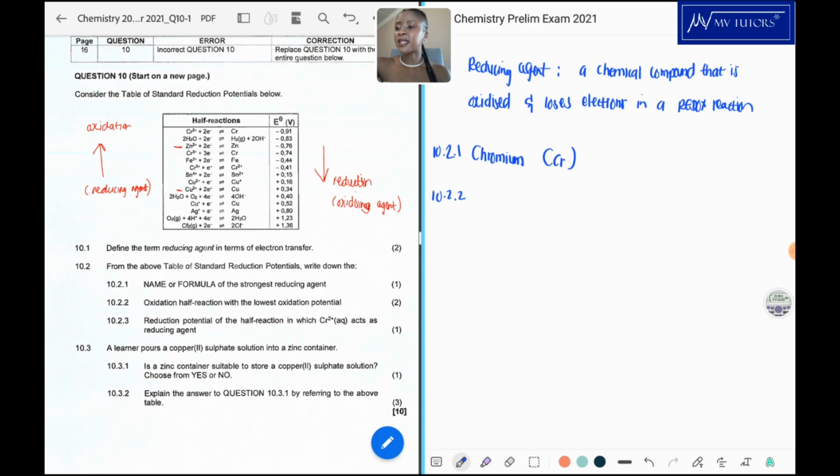Write down the oxidation half reaction with the lowest oxidation potential. If we look at it, guys, where reduction is increasing, it means the oxidation potential is low. Chromium, like we have seen, its oxidation potential is the highest, but its reduction potential is the lowest.